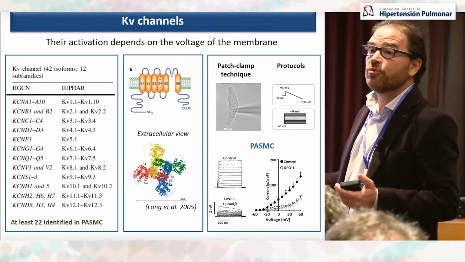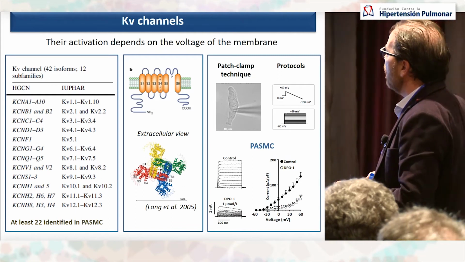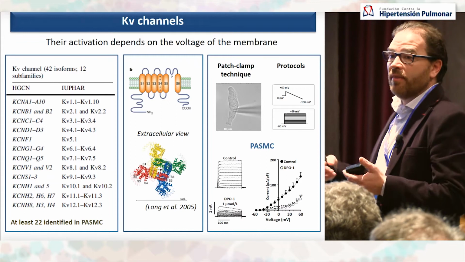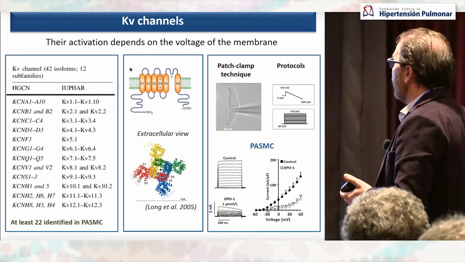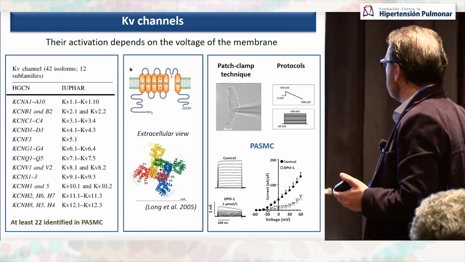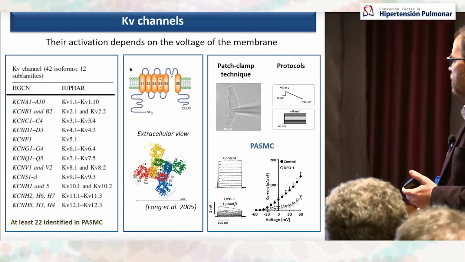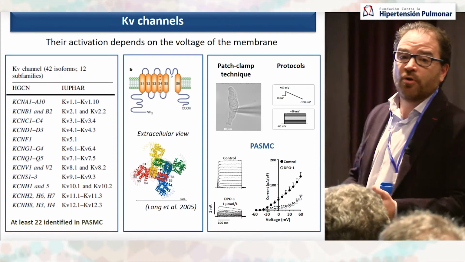The classic technique to record potassium channel activity is the patch clamp technique. Here you can see an isolated myocyte, and we can record the potassium channel activity by applying a number of different protocols, changing the membrane potential and then recording the potassium currents, as you can see here, under control conditions or under the exposure of different drugs.